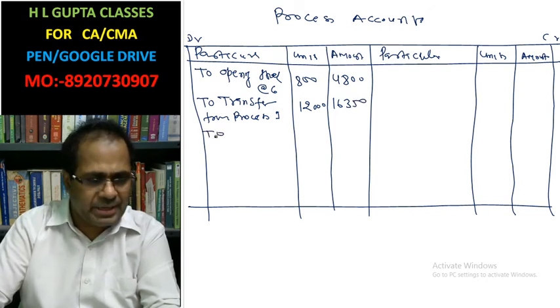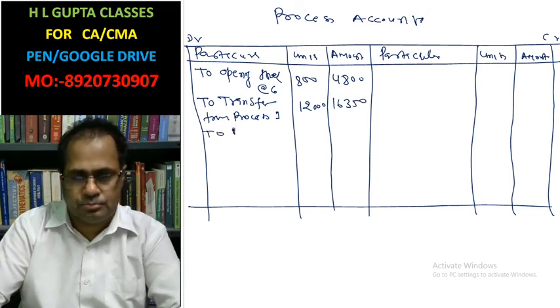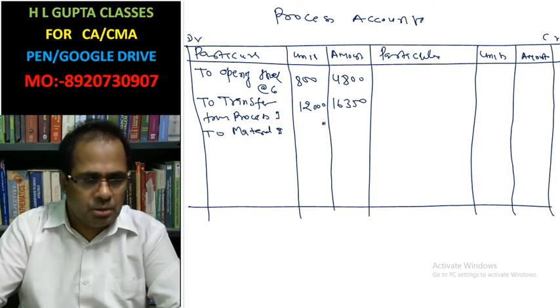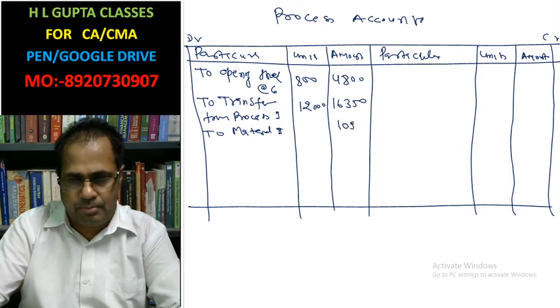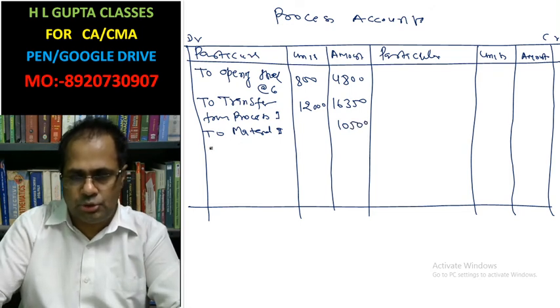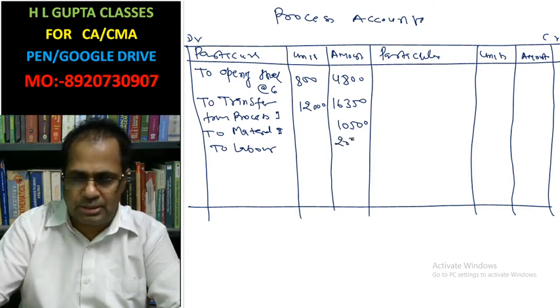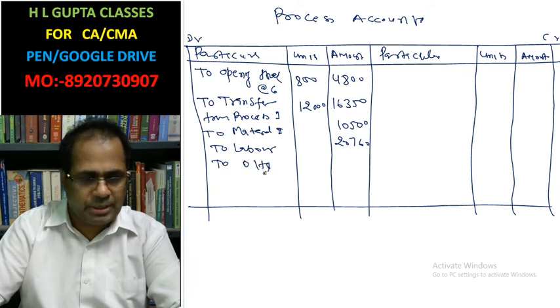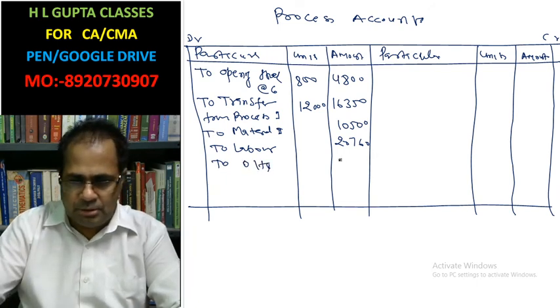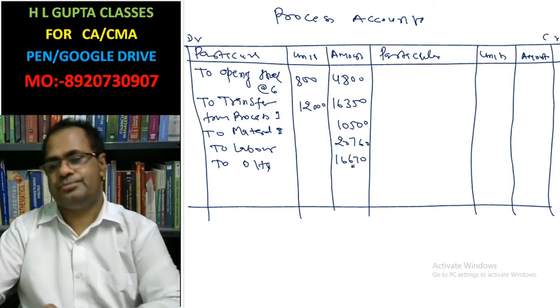To material second, this is 10,500. To labor 20,760. To overheads 16,670.